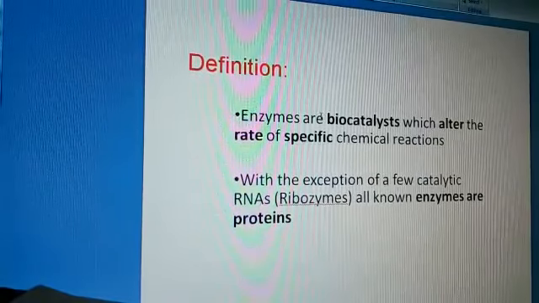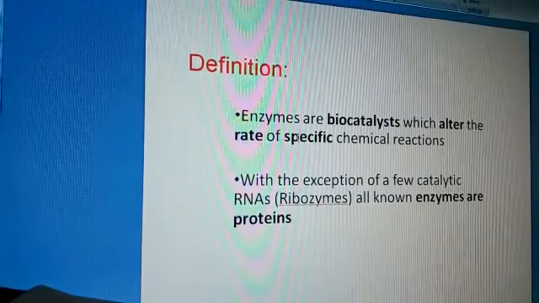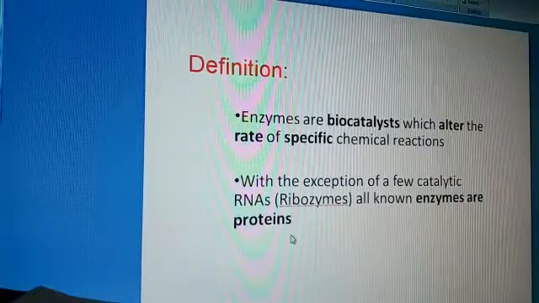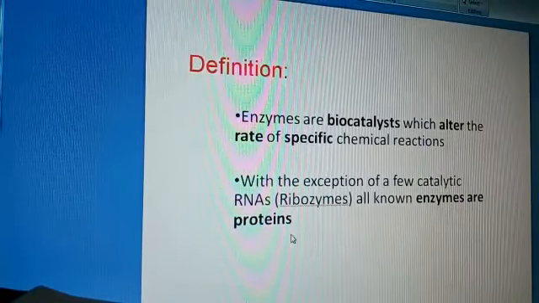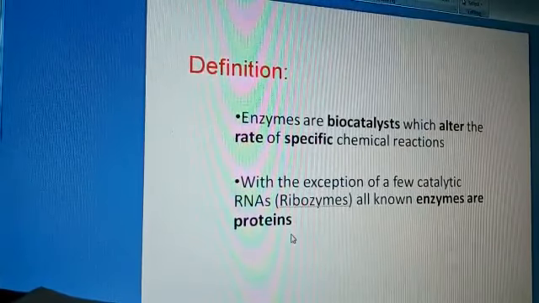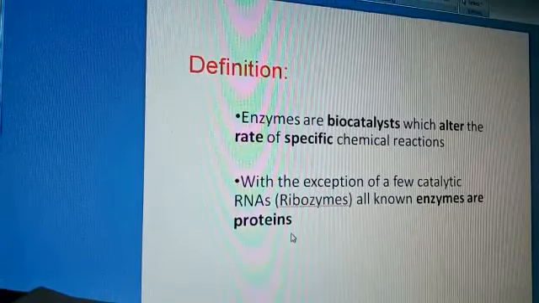That means an enzyme can work outside the cell, and they are very specific in their reactions. And with the exception of a few catalytic RNA, which are also referred to as the ribozymes, all known enzymes are proteins.